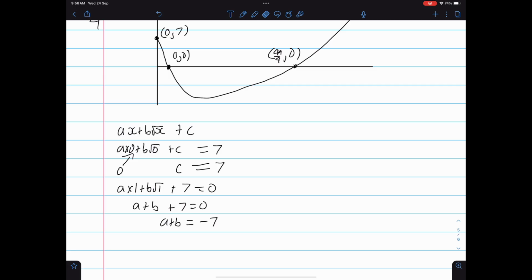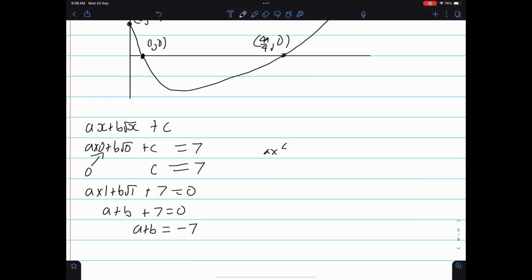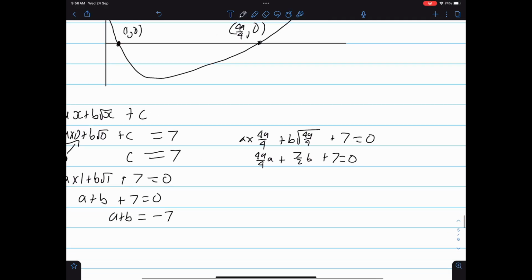Now, a times 49 over 4 plus b root 49 over 4 plus 7 will equal 0. 49 over 4 a plus 7 over 2 b plus 7 equals 0.